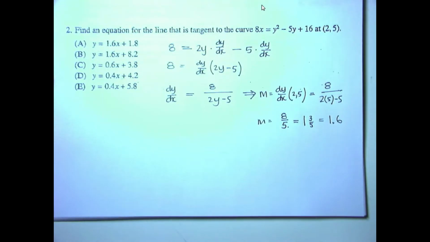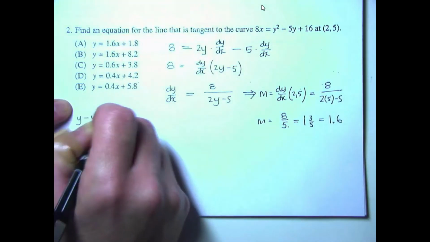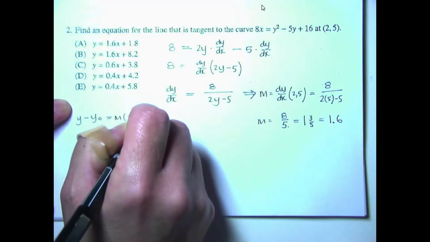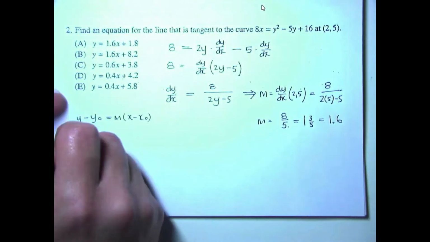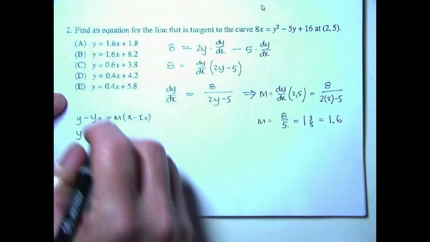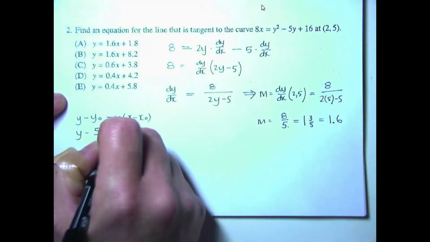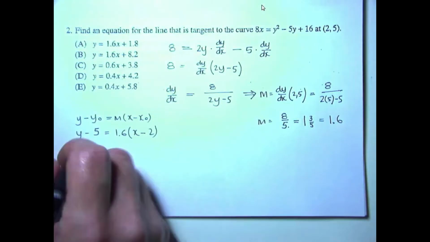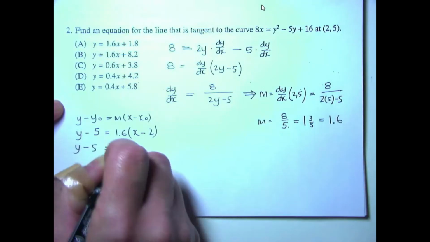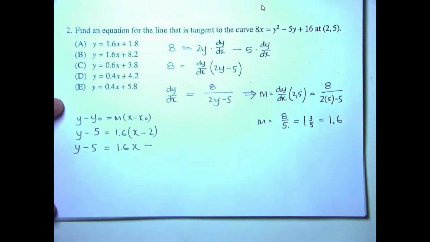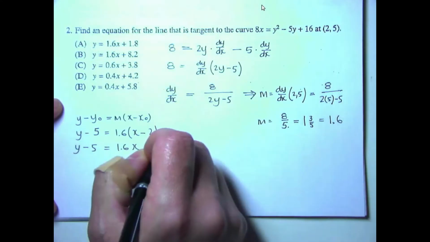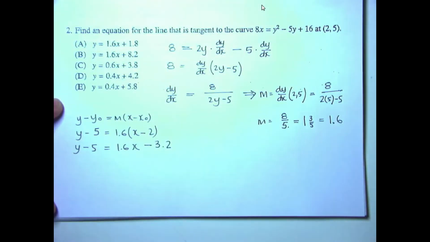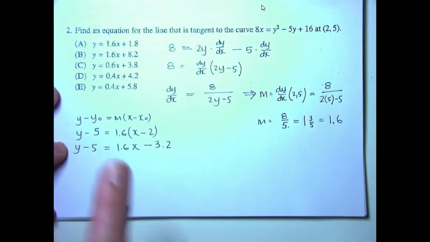All right, so next up, we have to actually find the equation of the line. So using point-slope form, y minus y naught is equal to m times (x minus x naught). All right, so my point (x naught, y naught) is, of course, (2, 5), so I'll plug that in. My slope was equal to 1.6. I will have x minus 2. And we clean up. So y minus 5 is equal to 1.6x minus, let's see, 1.6 times 2 will be 3.2. And I'm going to go ahead and add 5 to both sides.